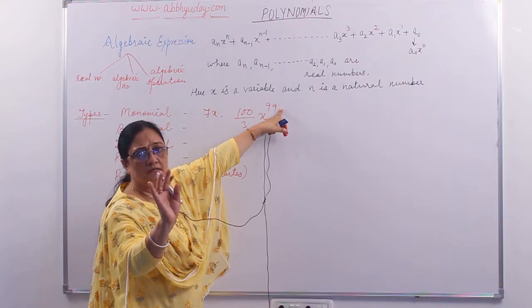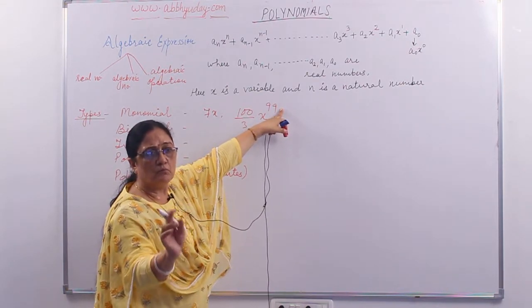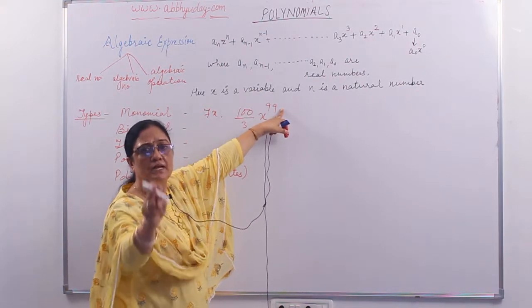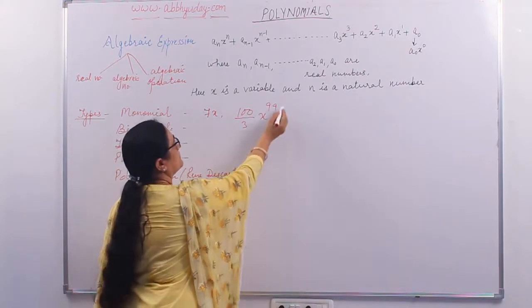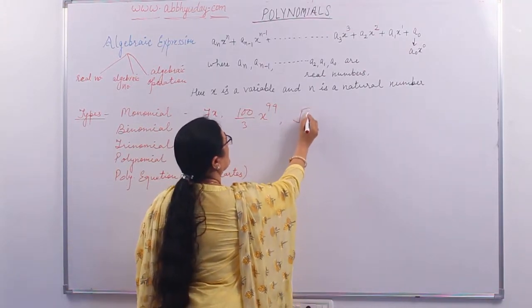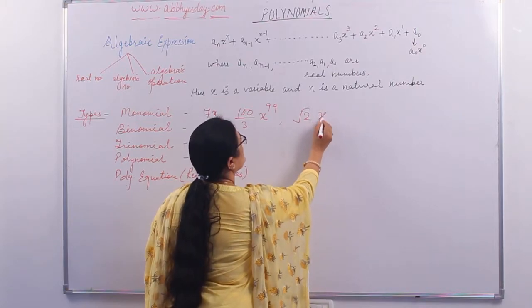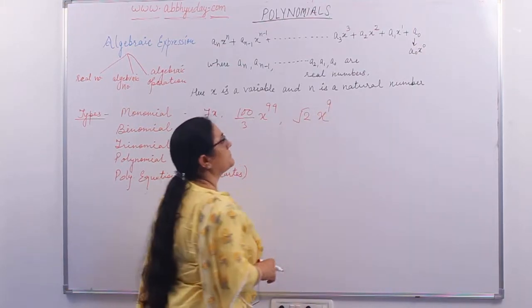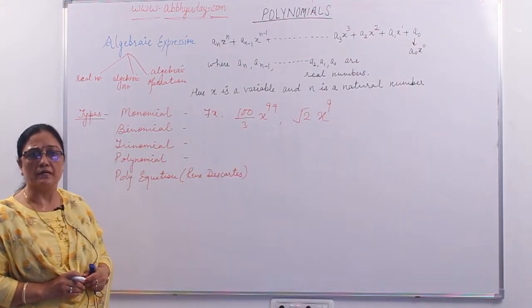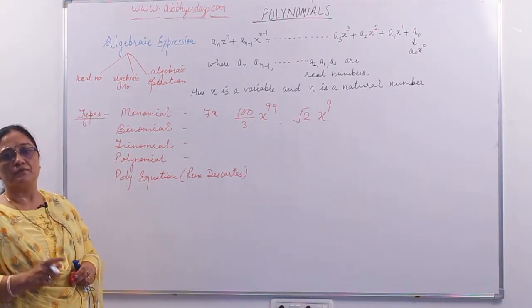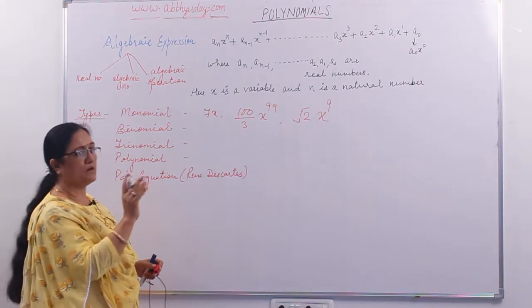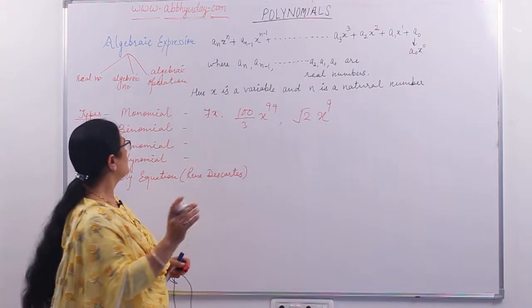Power has no value here. Mono means one term, so it is one term. Similarly, you can write any other monomial, √2 x^9. It is again a monomial. So, monomial will have only one term. It is free from the power. कुछ भी power हो सकती है.